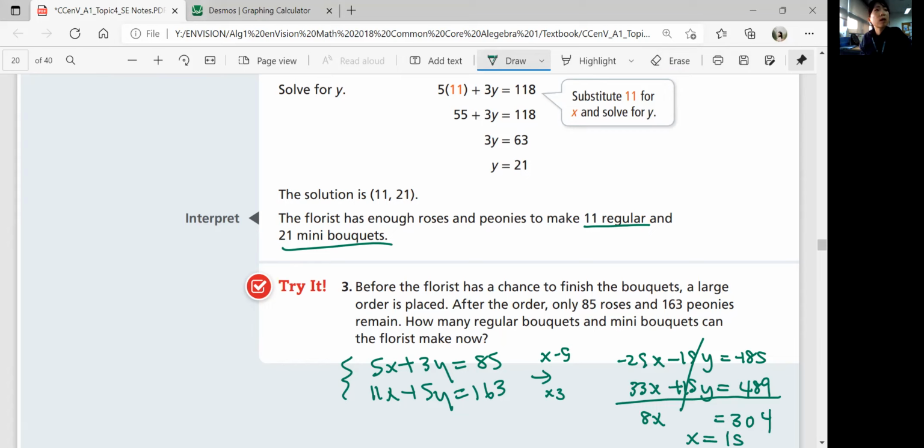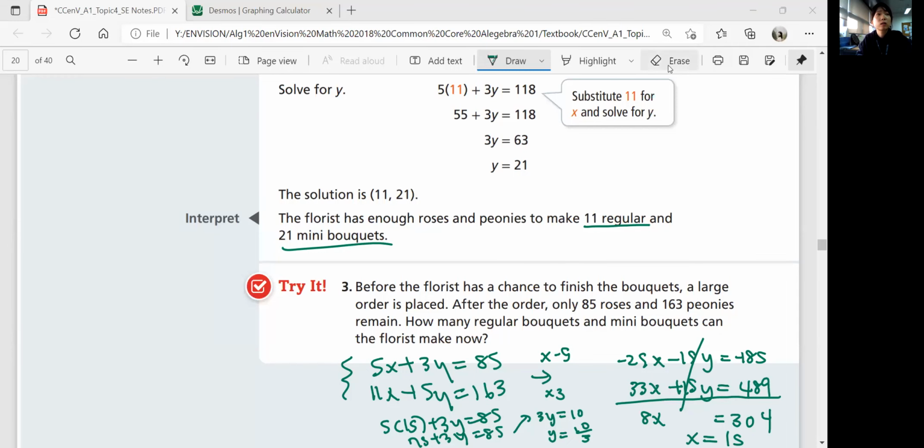And then if you plug it in, 5 times 15 plus 3y is equal to 85. That's going to be 75 plus 3y is equal to 85. And then you have 3y is equal to 10. Wait, is that true? Yes. And y is equal to 10 over 3.